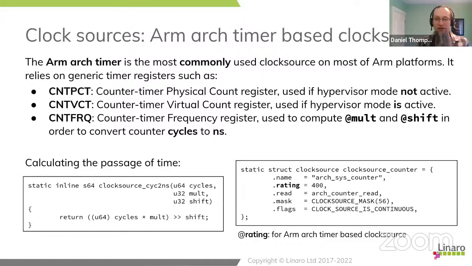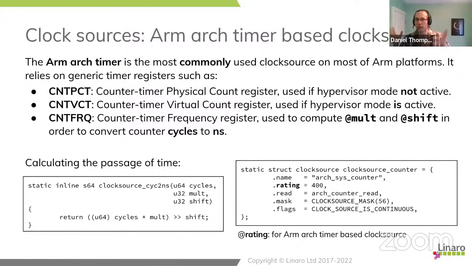And in the case of the ARM64 world, the ARM architecture timer is the most commonly used clock source because it is very close to mandatory. In almost all practical designs, it's mandatory because you won't get the certifications you want if you don't have it. And it is fast. It's based on coprocessor registers, so it is very fast to read. It's got very high precision. It was specified to give us precision.